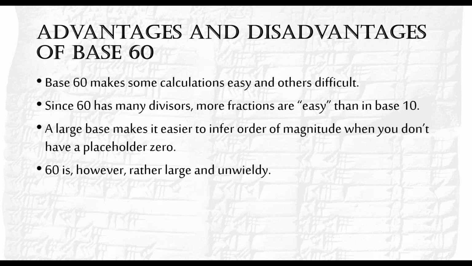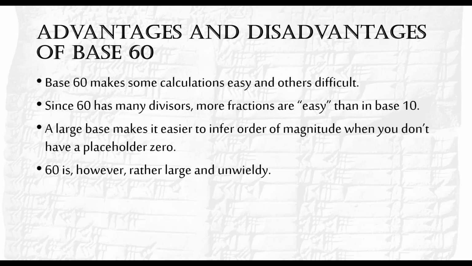So like, 1/60th of course doesn't reduce, but 2/60ths does, 3/60ths does, 4/60ths does, 5/60ths does, 6/60ths does, 7 doesn't, 8 does, 9 does, 10 does, you know what I'm saying? A lot of the numbers between 1 and 60, if you put them in the numerator with a denominator of 60, are going to reduce. So that's one of the advantages of having 60 as a base.